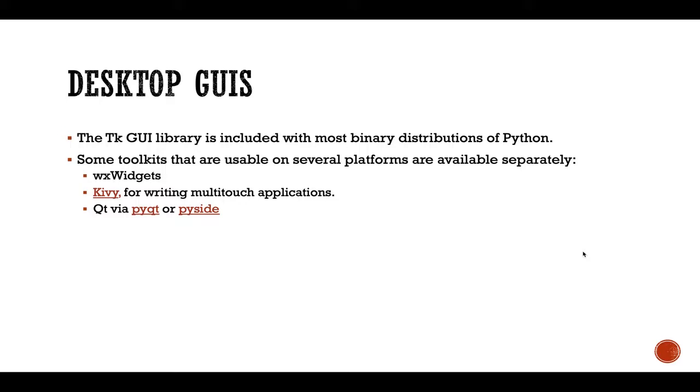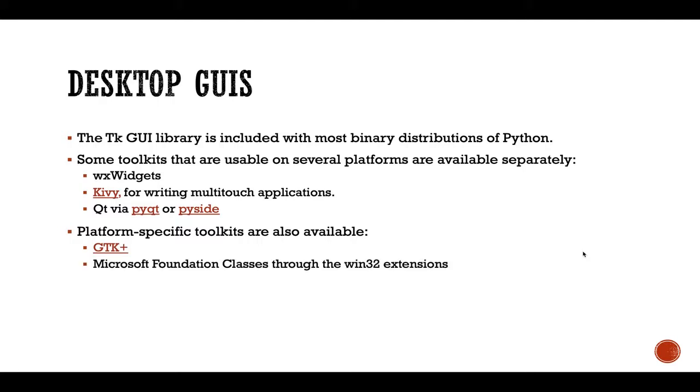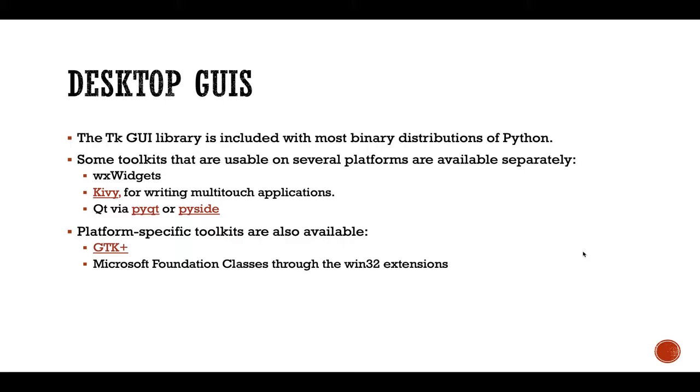These are all the third-party tools which you can use for creating desktop GUIs in Python. There are also platform-specific tools like GTK Plus, then Microsoft Foundation Classes through Windows 32 extensions. So these are all the tools through which one can create a desktop GUI in Python.